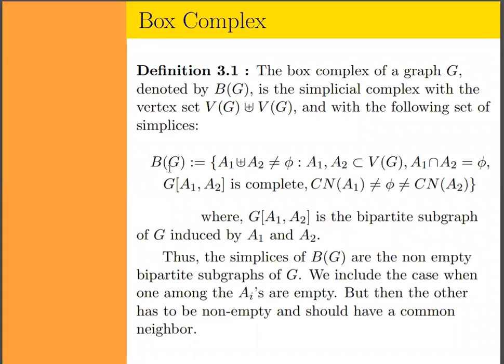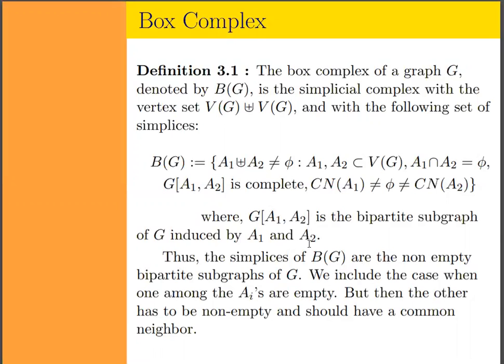The simplices of B of G are given by A1 disjoint union A2, which is non-empty, such that A1 and A2 are contained in V of G, their intersection is empty, the bipartite graph induced from A1 and A2 is complete, and the common neighborhoods of both A1 and A2 are non-empty. So basically, the simplices of B of G are the non-empty complete bipartite subgraphs of G, or one of the Ai is empty and the other is non-empty with a non-empty common neighborhood.